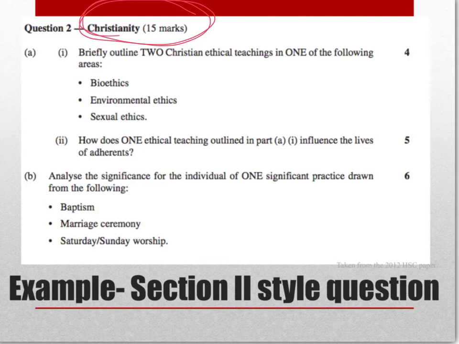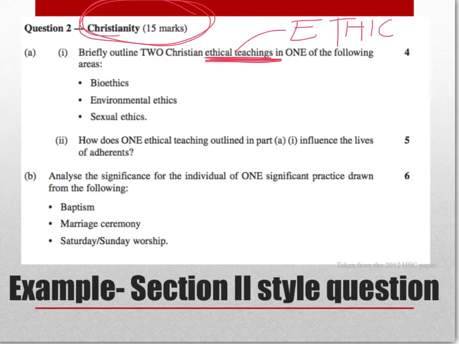So for question A, briefly outline 2 Christian ethical teachings in one of the following areas: bioethics, environmental ethics, and sexual ethics. So as you read through that question, hopefully you picked up on the ethical teachings as being the key terms within the question, and therefore a connection to ethics.